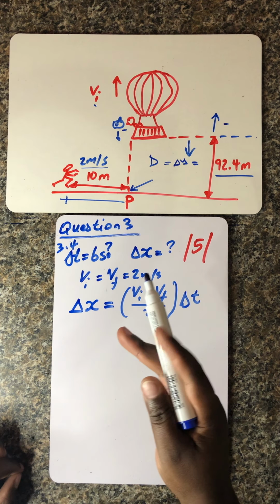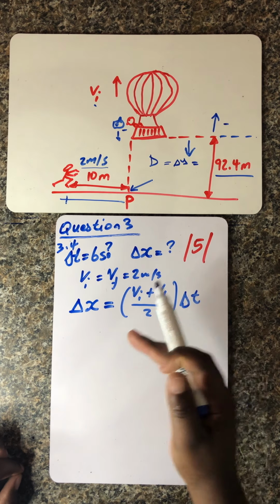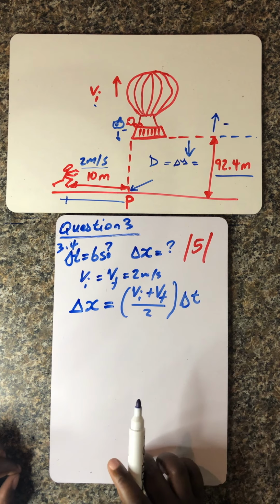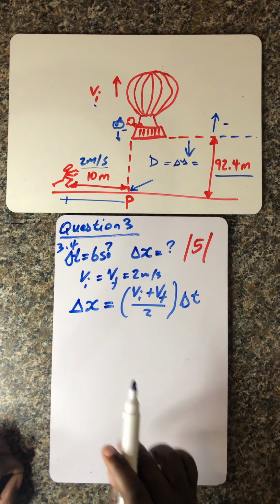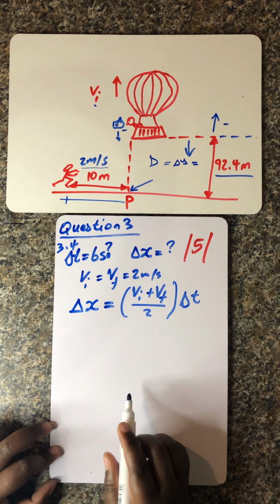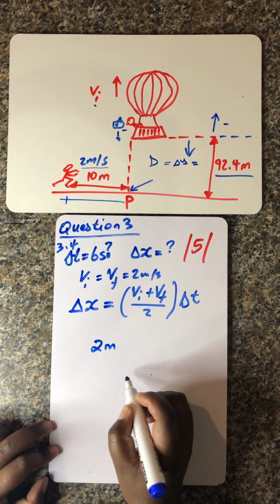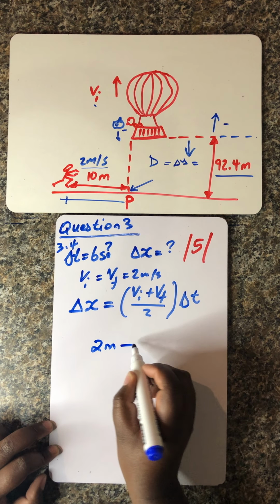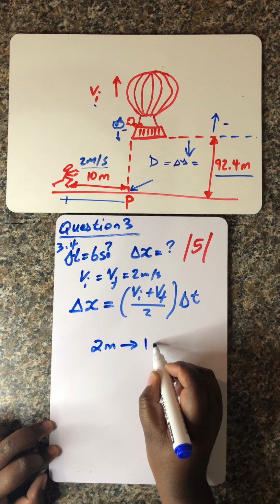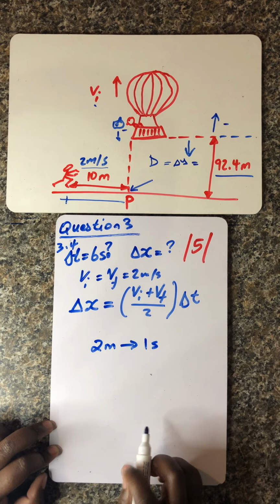That means at every second he covers 2 meters. Let me quickly check something: at every 2 meters, it takes him 1 second.